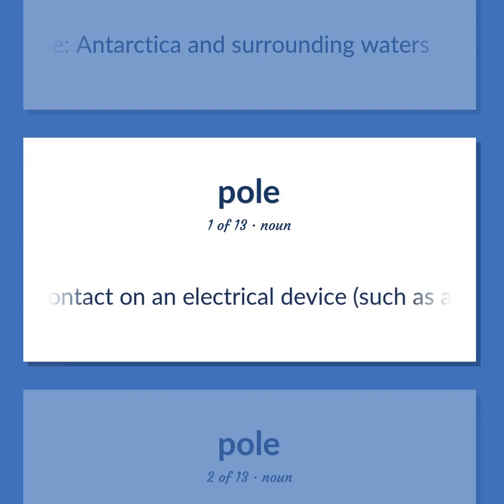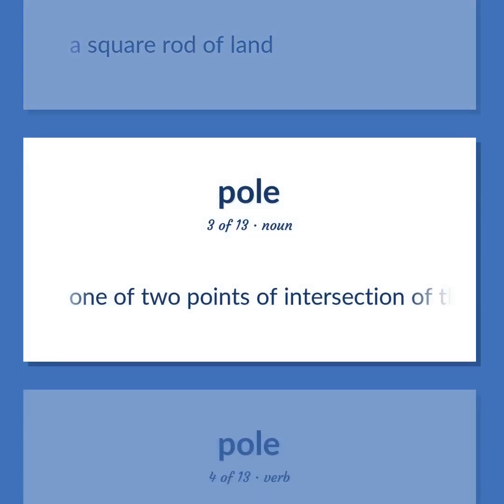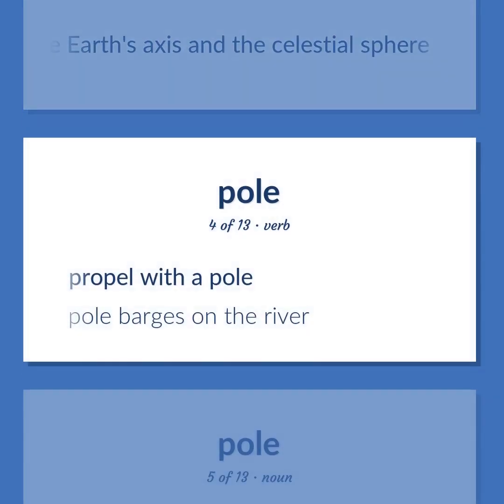A contact on an electrical device, such as a battery, at which electric current enters or leaves. A square rod of land. One of 2 points of intersection of the Earth's axis and the celestial sphere. Propel with a pole. Pole barges on the river.